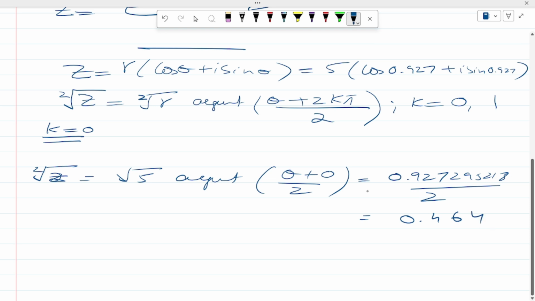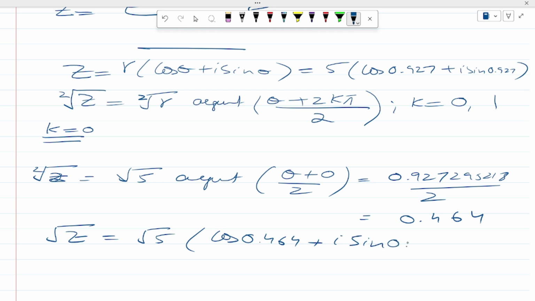So you can say the first complex number in polar form is square root of 5 cos 0.464 plus i sin 0.464. This is our first square root in polar form.